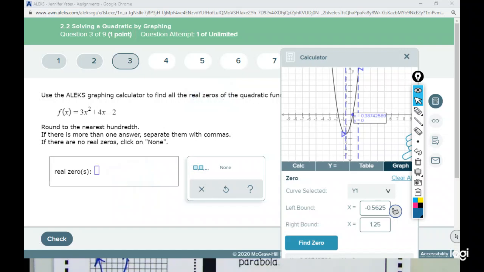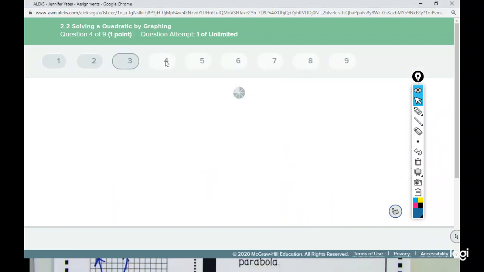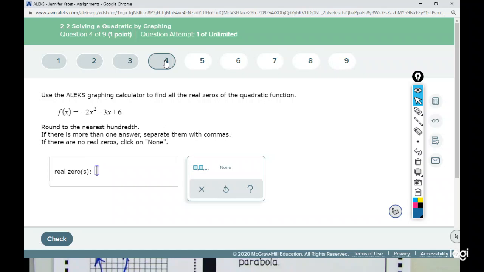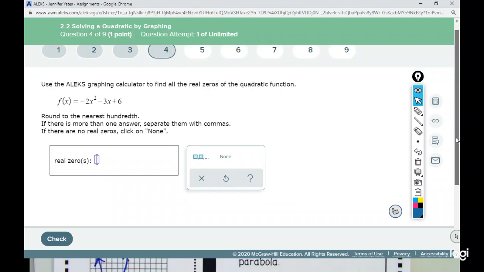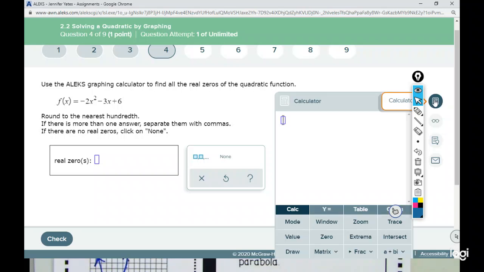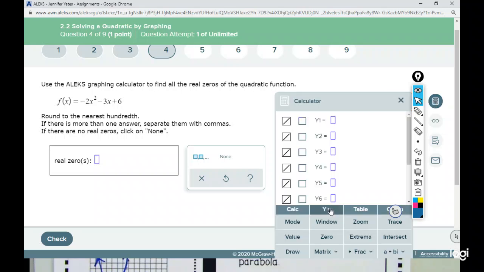Okay, so I'm going to do one more problem. Move to 4. And it's going to be the exact same thing, you guys. You're finding that moving that arrow with the hand is probably the most frustrating thing of the process, right? Y equals 2x squared.